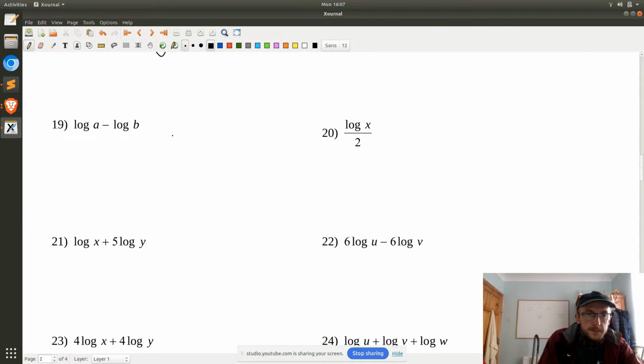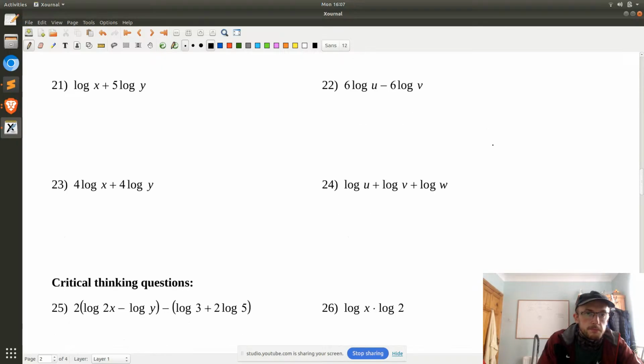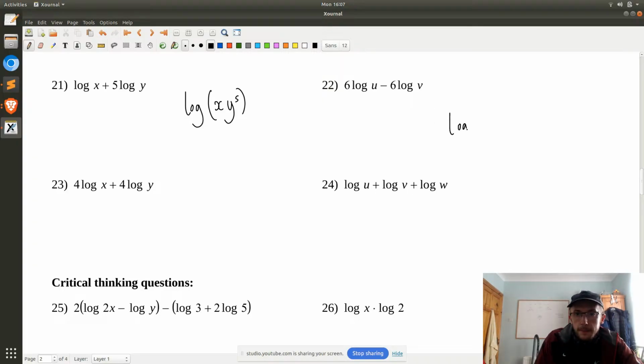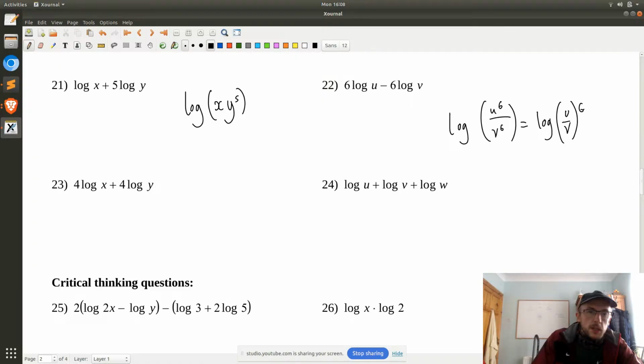Likewise, this one, log of a over b, log of the root of x, hold on, log of x times y to the 5, beg your pardon, log of u to the 6 over v to the 6, which is sometimes written like that.